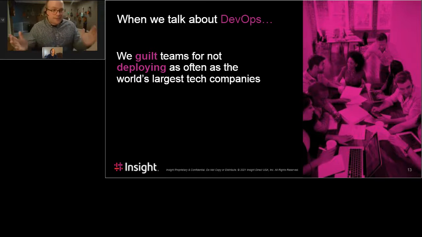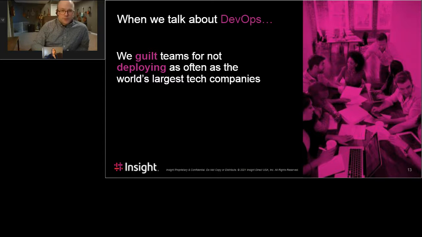It's impressive, it's worth respecting, and maybe that is the end goal of your organization. But focusing on that and guilting people for not deploying as often as they should is not going to open up a dialogue that's going to bring people in and make them feel included in the organization. And remember that DevOps, like we said before, is about unifying people.